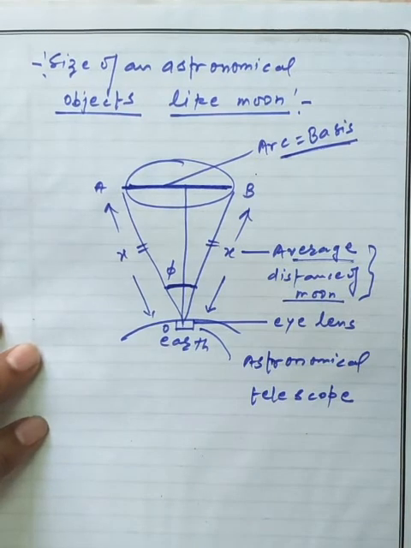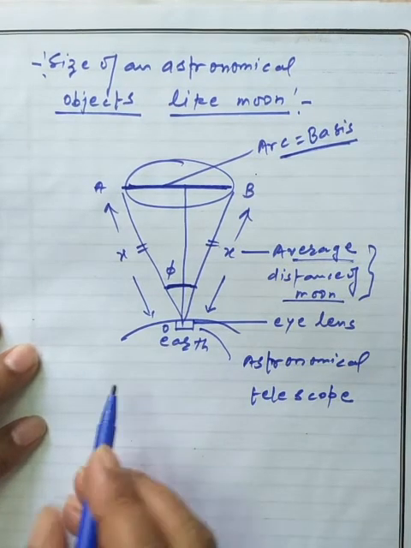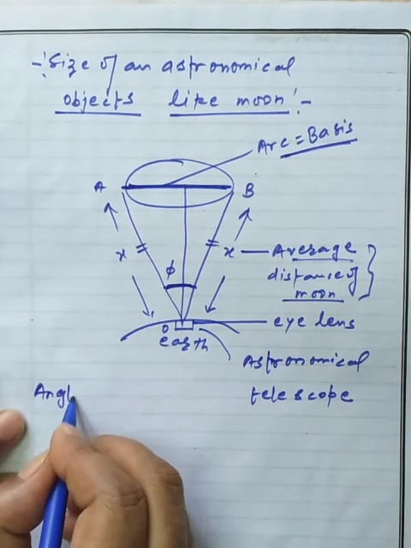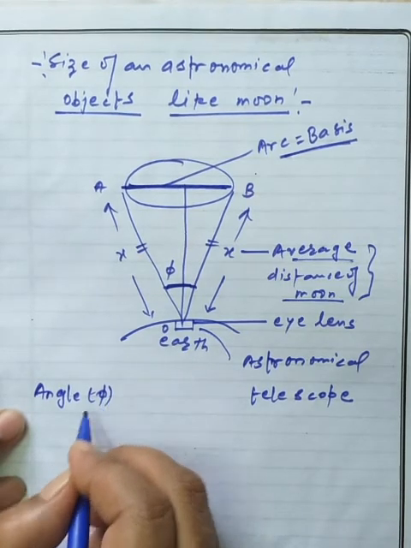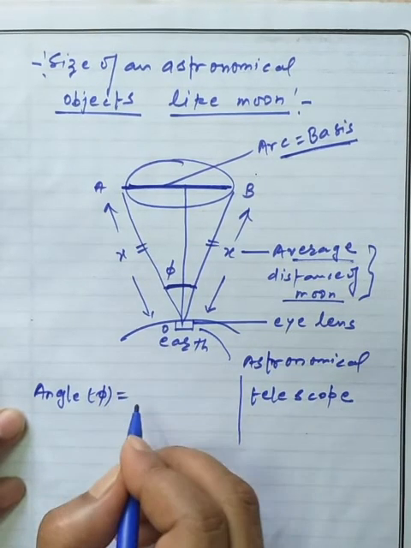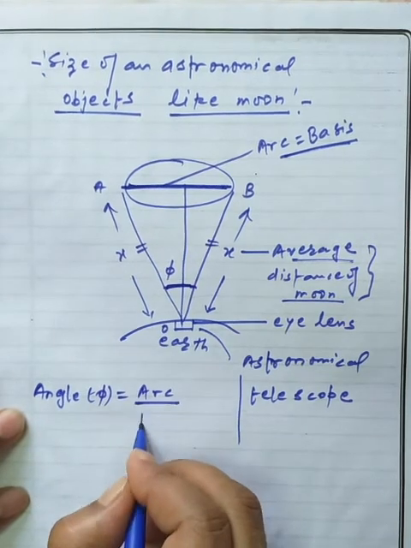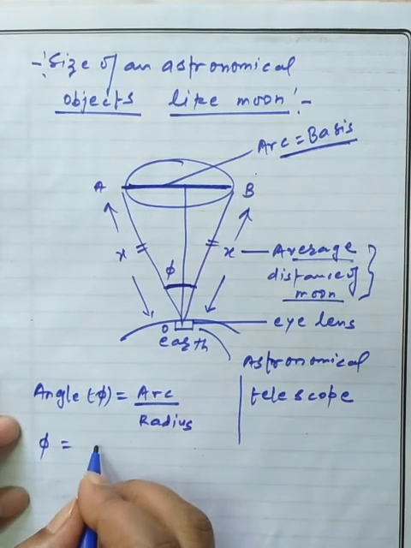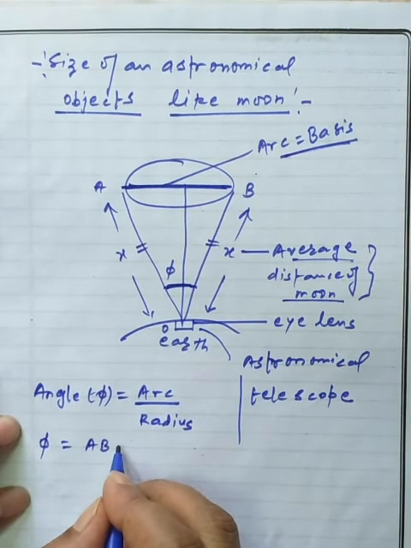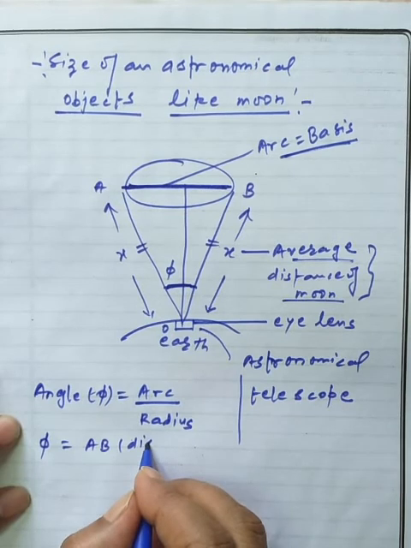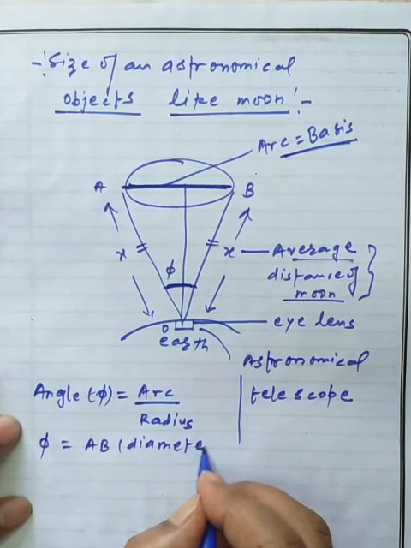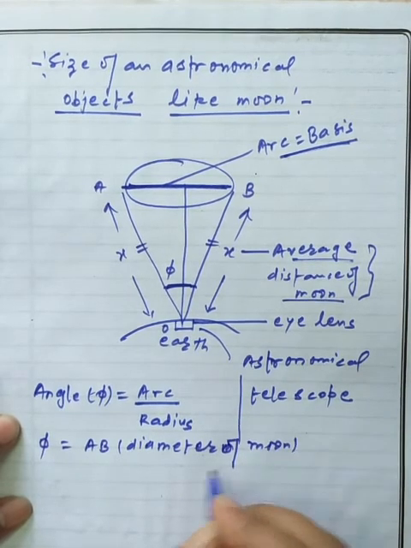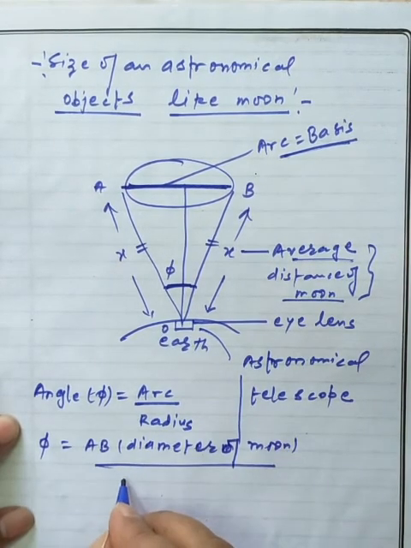So we are assessing the size of the moon using the simplest formula. The angle is phi, and we know phi is arc upon radius. It is the general formula which we are using again. So phi is equal to arc. The arc is AB, which is actually the diameter of the moon, which we want to calculate, divided by the radius.